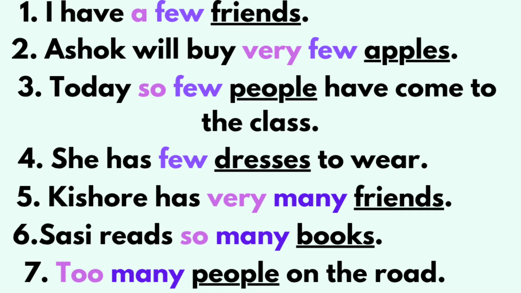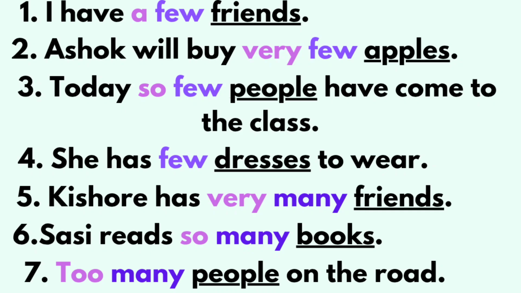And look at the quantifier few and the intensifiers very, so. Suppose I tell you Ashok will buy few apples, which means the sentence is negative, like we can easily count apples, like 2 or 3 apples Ashok will buy. By using the intensifiers very, so, you are making the quantifier weaker. Few apples means a negative sentence. Very few apples means negative.